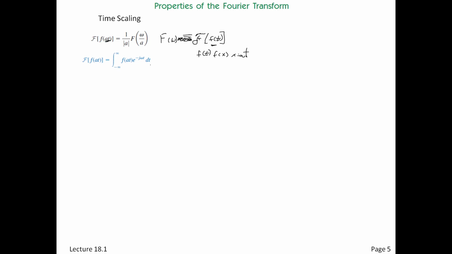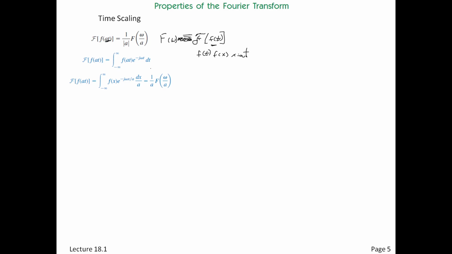This is the starting point, f of at times e to the minus j omega t dt, the integral of that over all time. And so that transform equals what? See, here's the substitution I just made. x, where x is at, fixing everything up according to that. dx then is a dt.